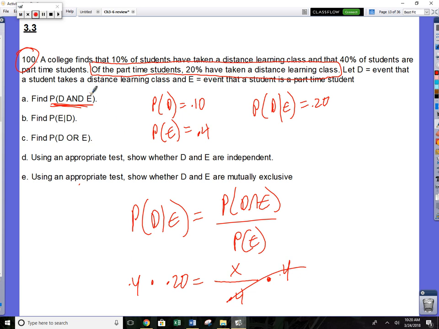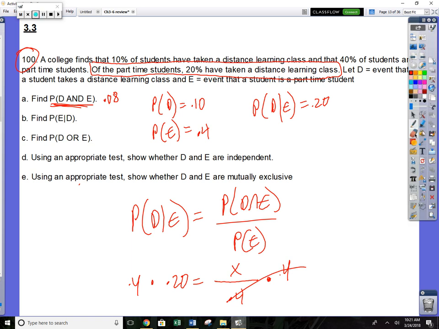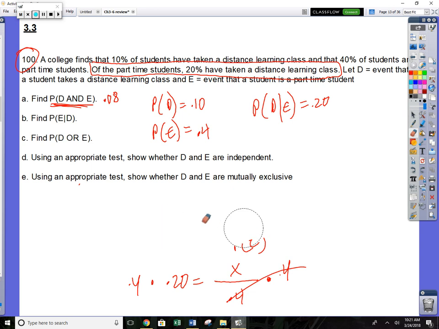Is that 0.8 or 0.08? 0.4 times 0.2, that is 0.08. So now you know your intersection. Now you can make a Venn diagram, pretty slick. Or you could just carry on with the formulas. So this one I'm just going to rock with the formulas.